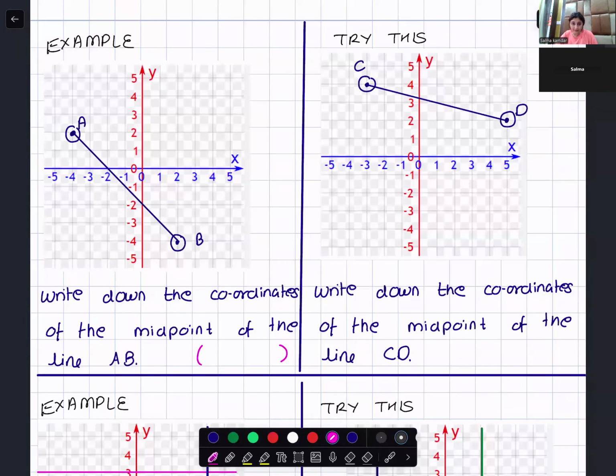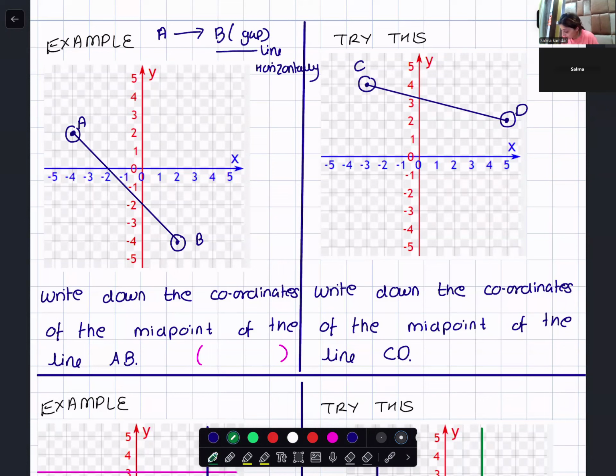I hope you are with me. What I will do is step number 1, from A to B, I will see the gap. I will plot a line which takes me from A to B horizontally.